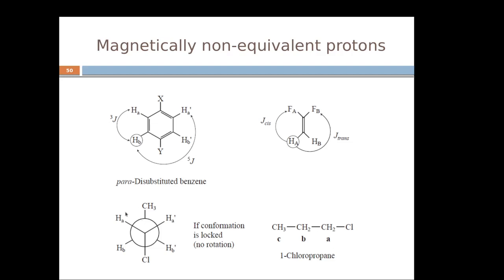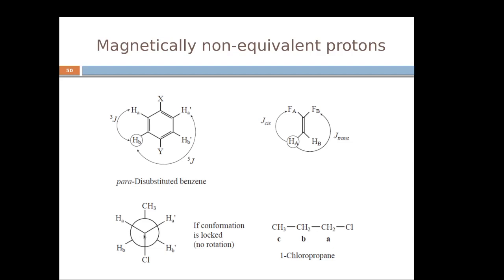Say, for example, for this molecule, free rotation should be possible about the carbon-carbon single bond. But in a hypothetical situation, if rotation is locked for some reason, say, if you take the molecule in a rigid solid state at a very low temperature, then free rotation could be locked.